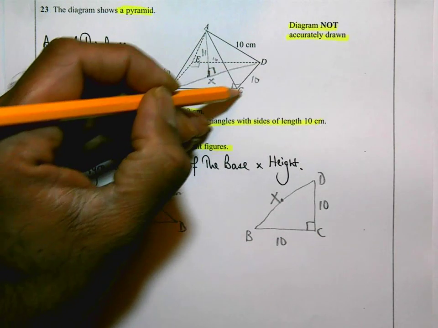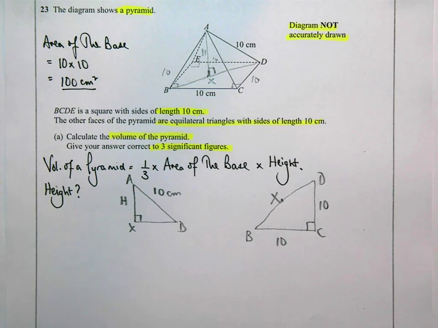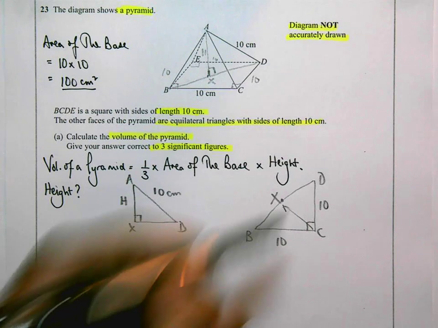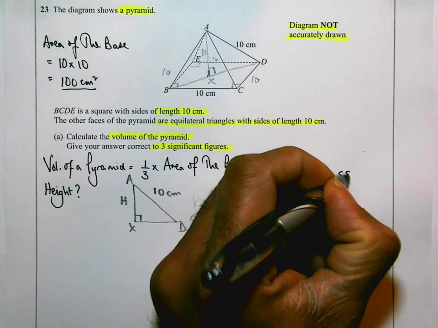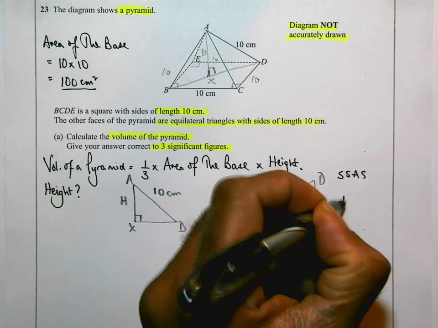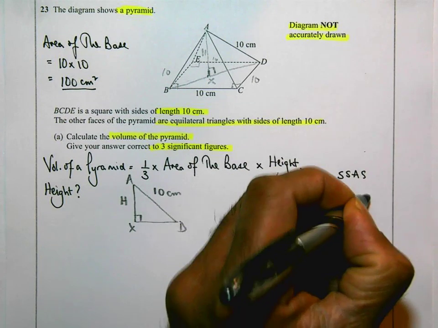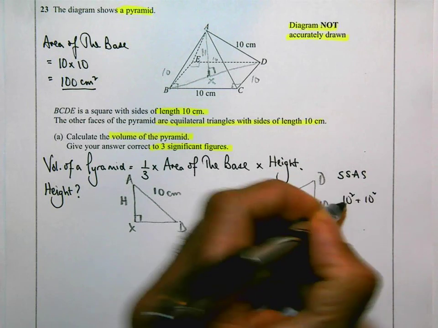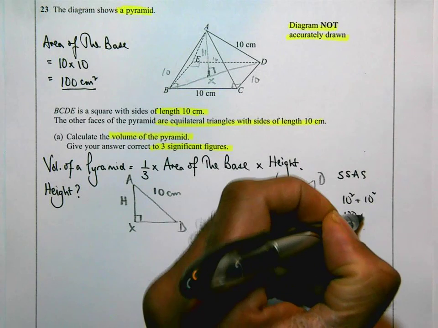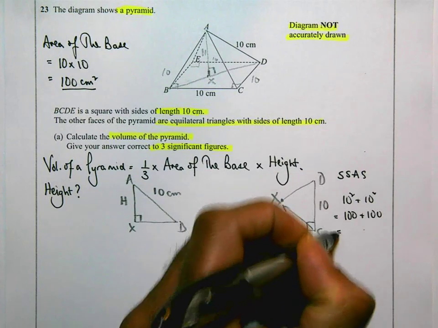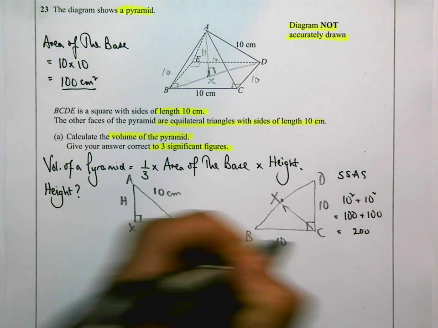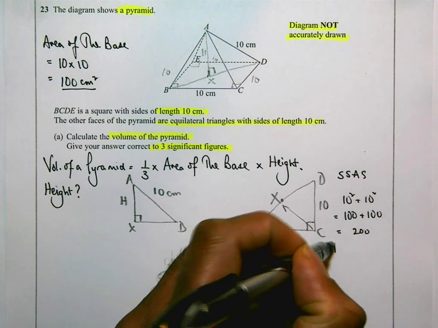So using Pythagoras, remember I want to work out the hypotenuse. So when you want to work out hypotenuse, you square, square, add, and square root. So I'll have 10 squared, add 10 squared. 10 squared is 100. And so I'll end up with 200. And so I need to work out BD, that's going to be the square root of 200.